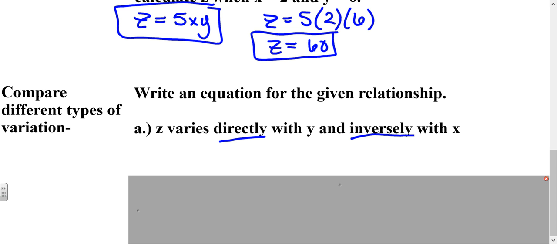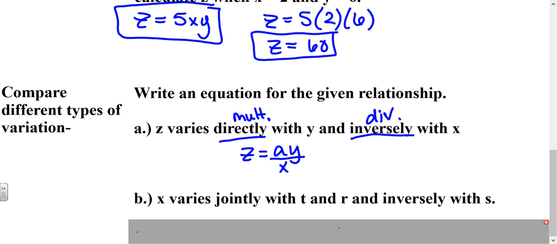So if I know that it varies directly with y, then that implies that it's going to be multiplied, and inversely implies that it's going to be divided. So this means that z is going to equal, and remember I always have to have an a in my equation, a times y, because that's how they would be directly related, and then inversely means I'm going to divide by x, so this would be the answer.